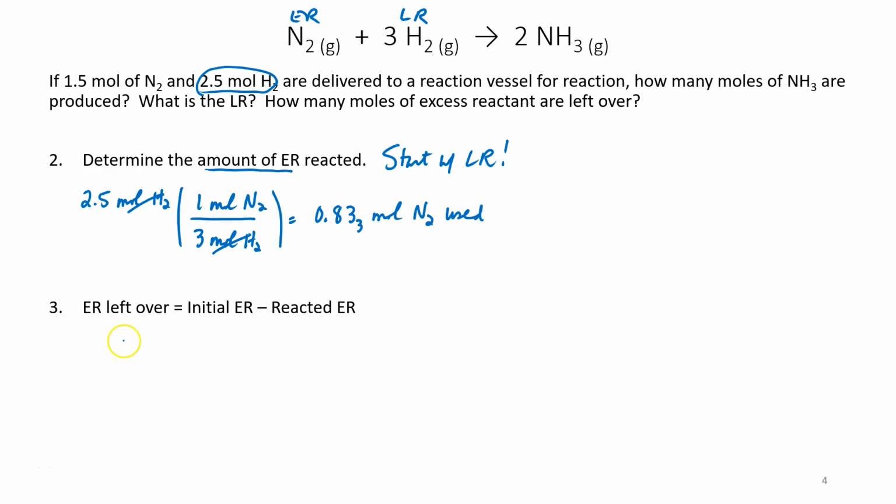And then the final step is to get the excess reactant left over, and that's what we're wanting. We're going to take the initial moles of excess reactant. That's this. This is the initial minus the moles of excess reactant that got used. That's this.